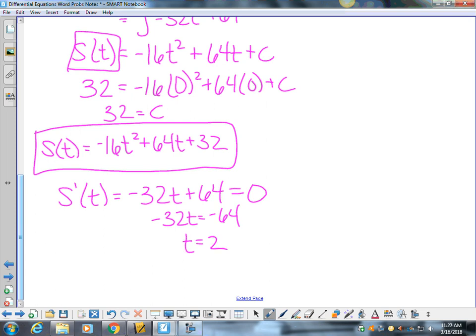Now, what happens when t is 2? What does that mean? That's where? That's when. It's when it hits its max height. So I know that it hits its max height after 2 seconds. But the question said, what is its max height? Who do you plug it back into? The position formula. So I have to go find that.